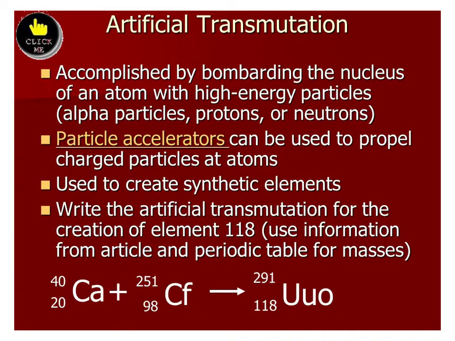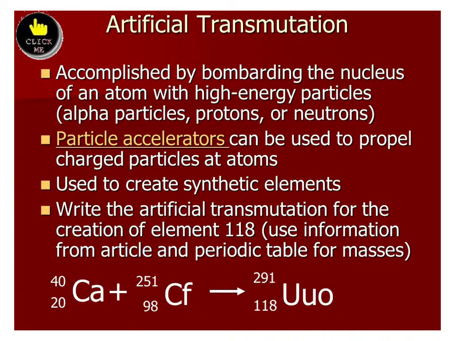If we take this synthetically made material and bombard it with calcium, our goal is to get this large material here. We're going to call it element UUO. And remember, these top numbers have to match up to this, and these top numbers have to match up to this. That would be our process for making element 118 with californium and calcium.